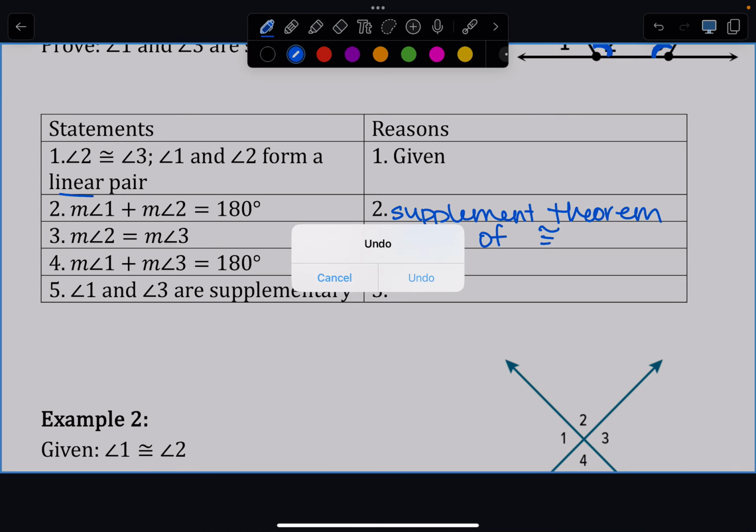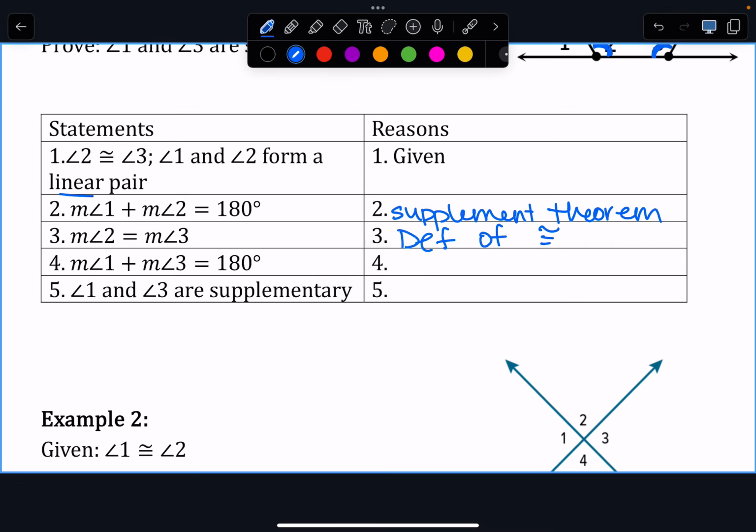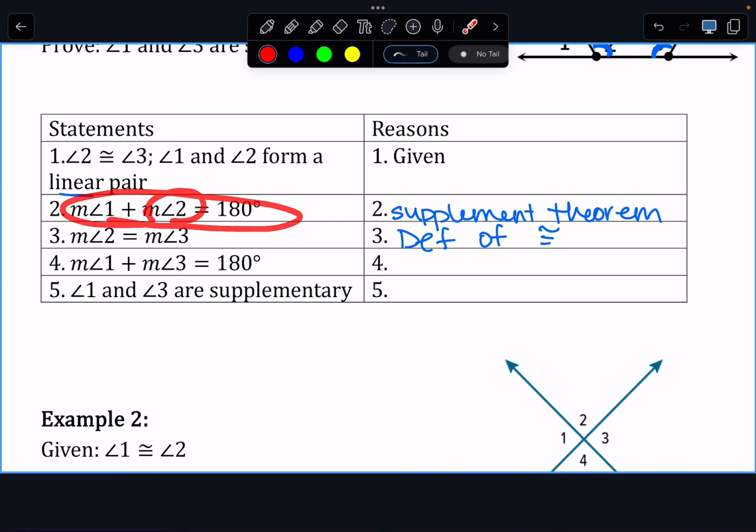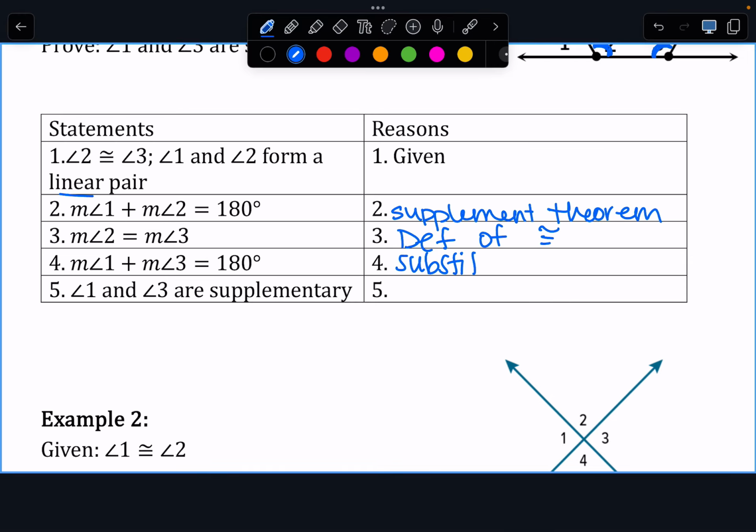Okay? Ooh, now I have angle 1 plus angle 3 is 180. Do you notice how here I took angle 2 and replaced it with angle 3? That's what we call substitution. This is a time where it's only substitution.